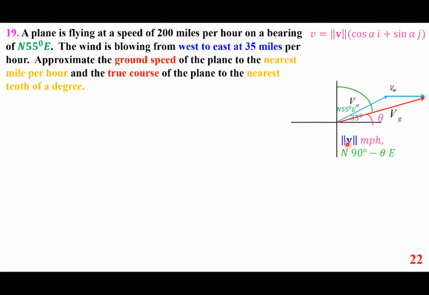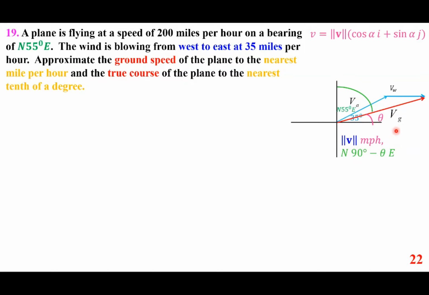So what is the ground speed? It's the magnitude of this vector. What is the direction? North 90 minus theta, because this is theta, east.